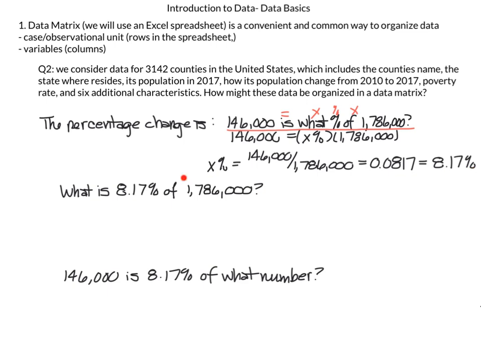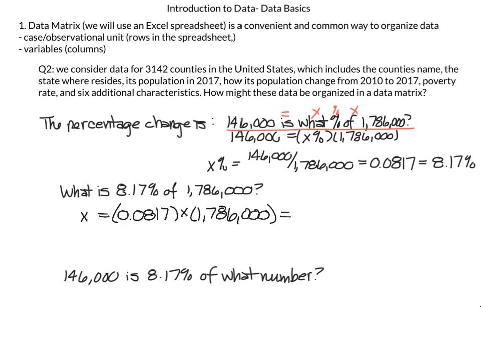If the question had been worded this way for percentages, what is 8.17% of 1,786,000? Then what I would do is I would say what is an X, is an equals, 8.17. I'm just going to convert that by moving the decimal over two places to a decimal. The word of is a multiplication, and 1,786 with the 3 zeros.